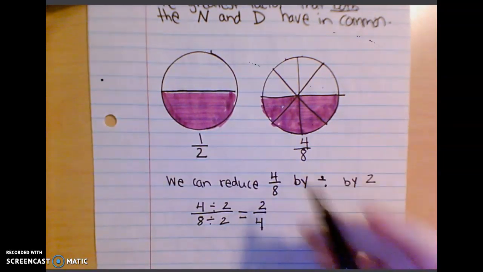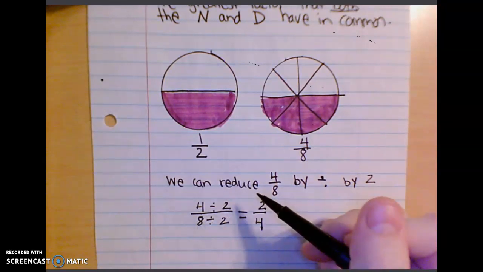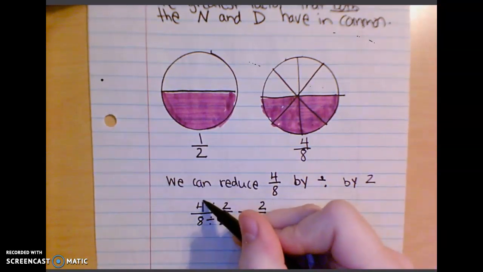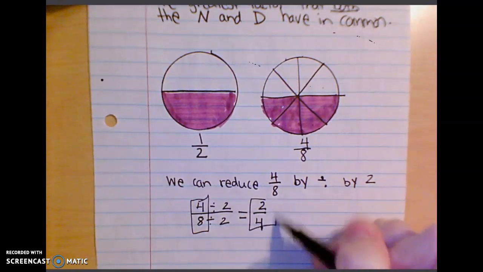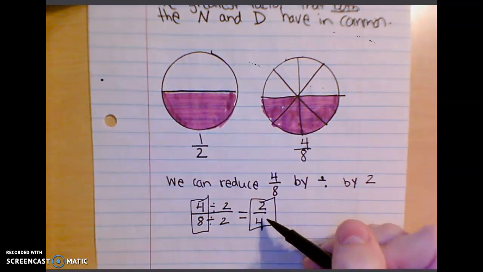So if we reduce 4/8 by dividing both terms by 2, we find that 4/8 is equal to 2/4.